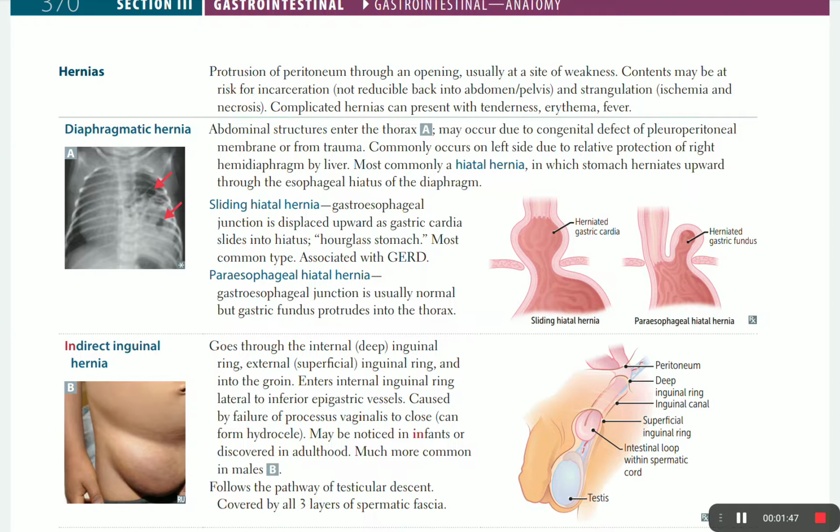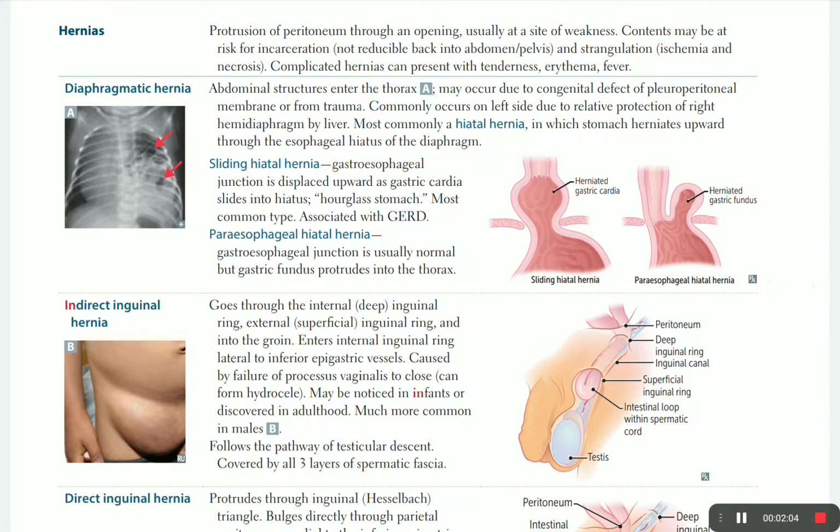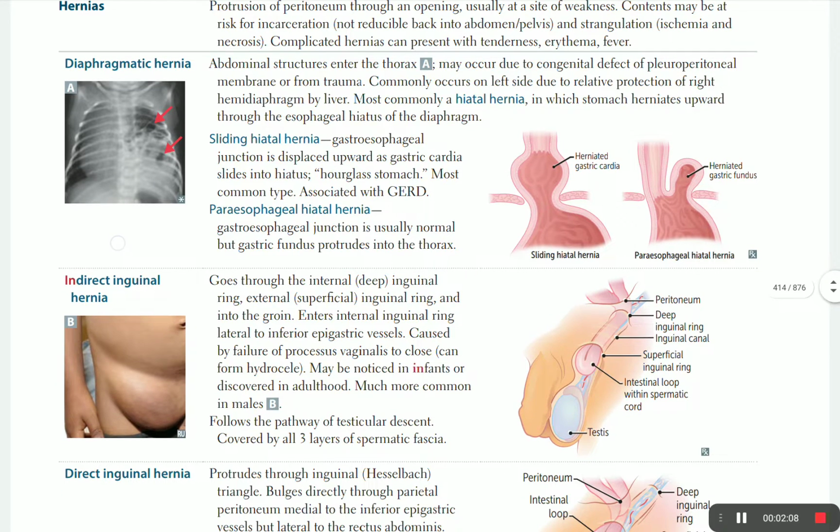Most commonly hiatal hernia, in which the stomach herniates upward through the esophageal hiatus of the diaphragm. So the hiatal hernia, that means the stomach enters the thoracic cavity. We have two types of the hiatus hernia: sliding hiatus hernia and paraesophageal hiatus hernia.